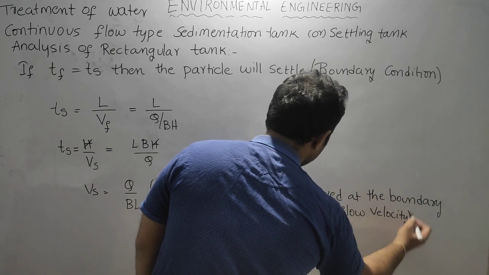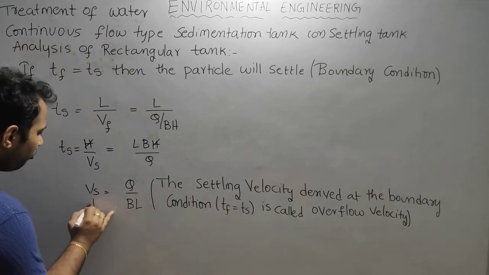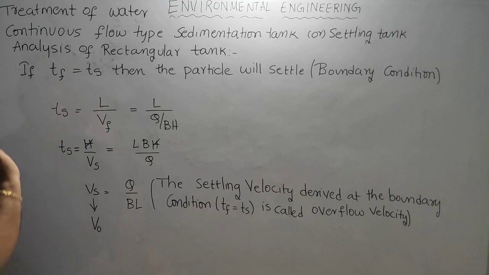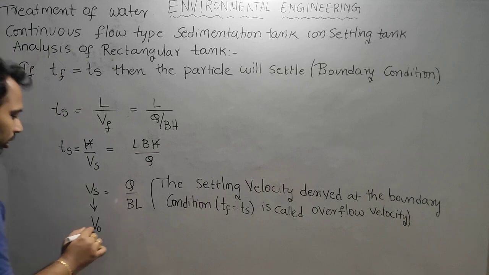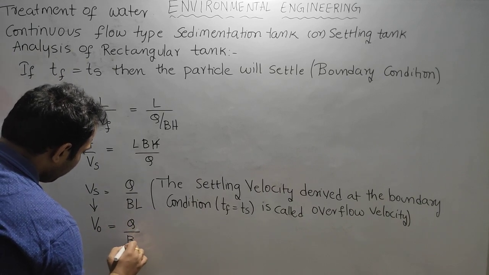We indicate it with V0. I am repeating it again and again: at this condition, whatever settling velocity you define is called overflow velocity. Overflow velocity is equal to Q by Bl.